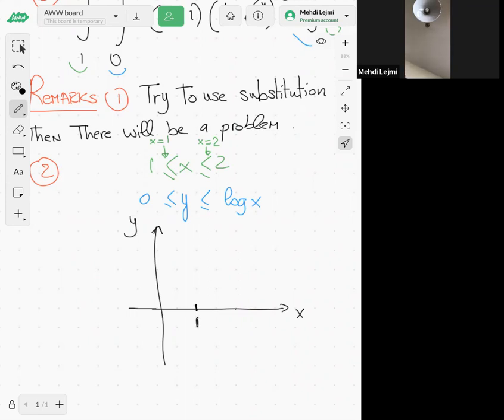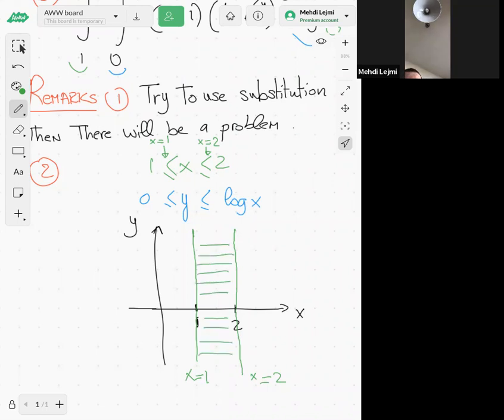So here's x equal to 1, and then you graph x equal to 2. When you say x between 1 and 2, it's just this region between these two vertical lines, right?